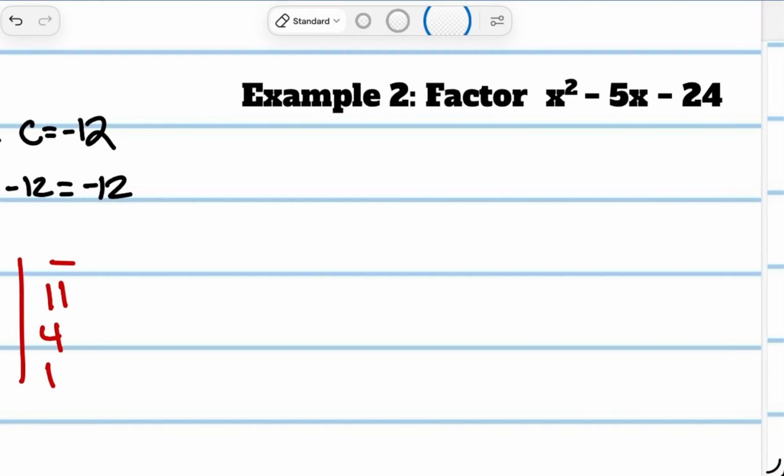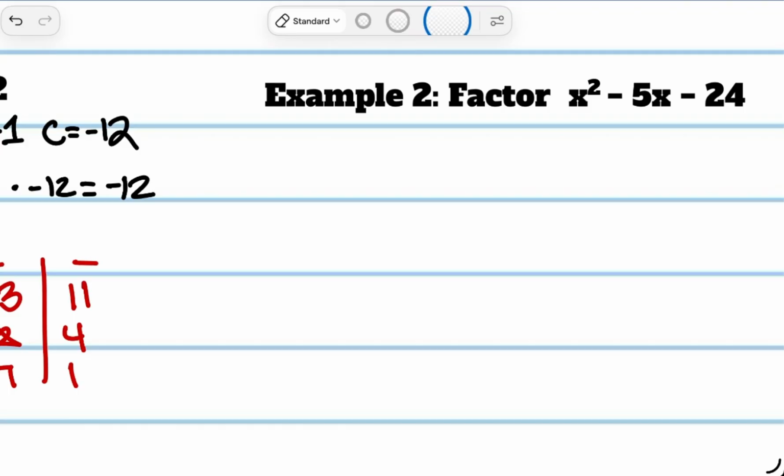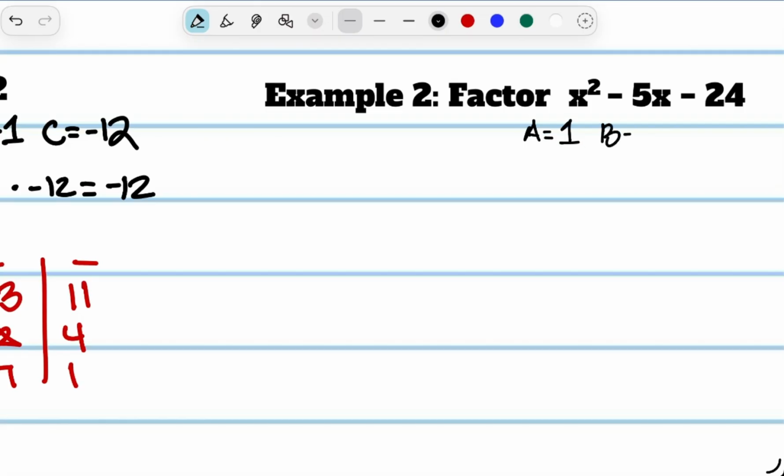It says in example 2, we have to factor x squared minus 5x minus 24. Now, in order to start that, we got to list out what our a, b, and c will be for the problem. So our a in this problem is 1. Our b is -5. And our c is -24.